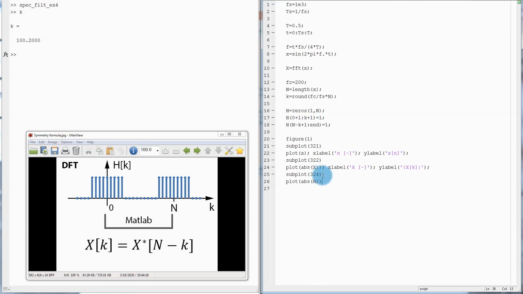So this is how I plot it. I label the axes, frequency index of the DFT, and the frequency characteristic. And now I can run this.